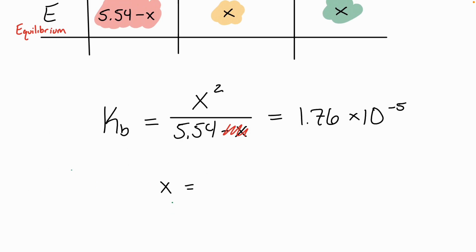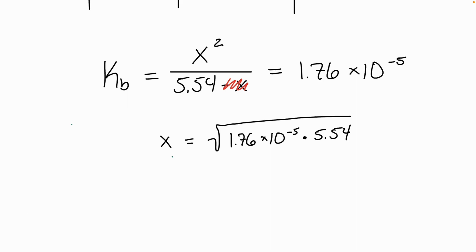So I'm going to rearrange this expression here. I get x equals the square root of that Kb value, 1.76 times 10 to the negative 5, times that concentration of 5.54. And so I get a value of x of 0.00987.